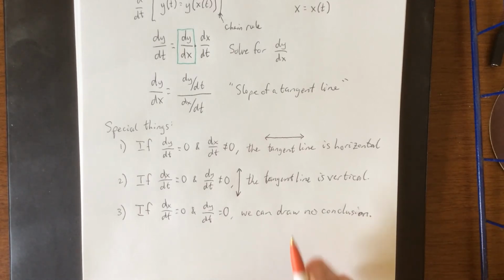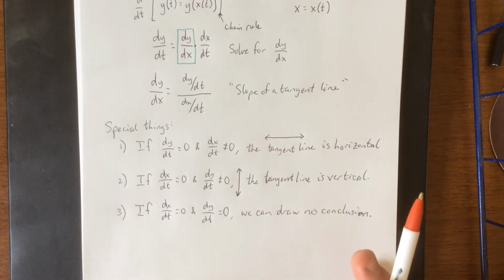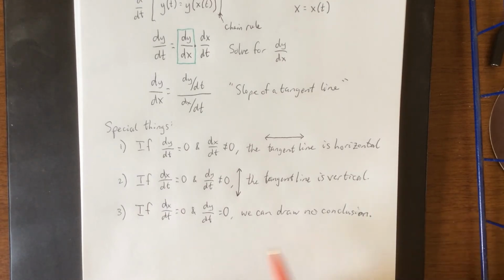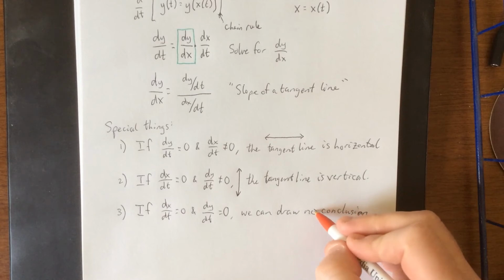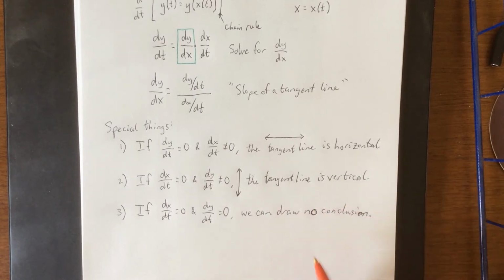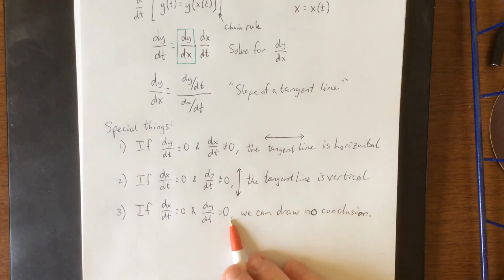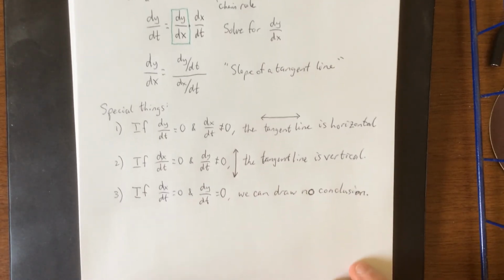It is moving in neither the y direction nor the x direction. Now what could happen is it could just continue moving in the same direction before it stopped. It could also turn and start moving in another direction. The thing is, we're not able to draw a conclusion about this if both of them are equal to 0. We will encounter at least one case of this before the end of the chapter. Just wanted to make you aware of it.